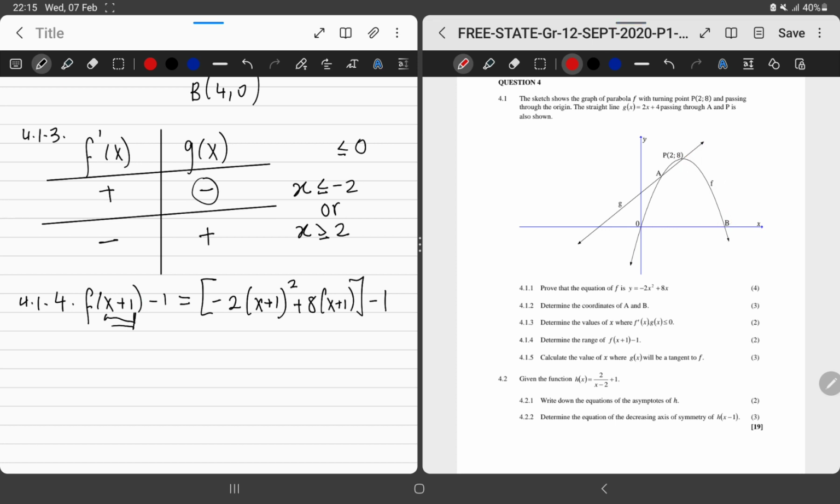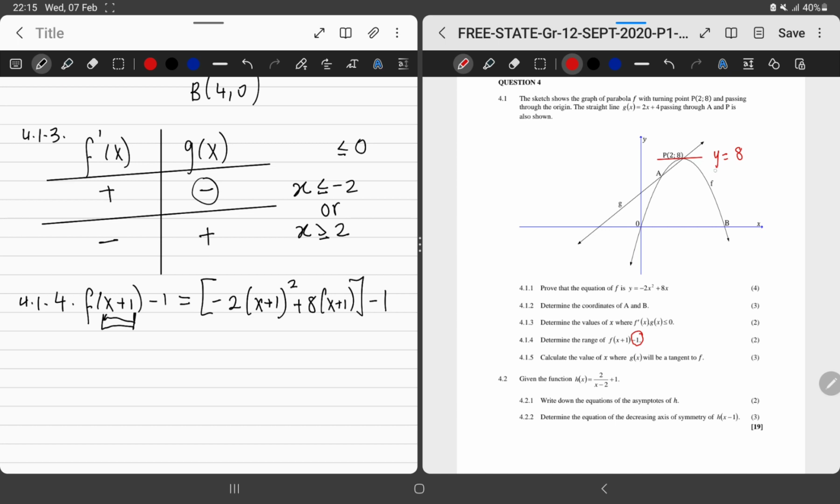This part right here simply moves the graph horizontally. So it's going to move the graph to the left or to the right. But I know that the range is not associated with a horizontal movement, but rather the vertical movement. Currently, the turning point is at what? It is at y equal to 8. So I'm subtracting a 1 from what I already have.